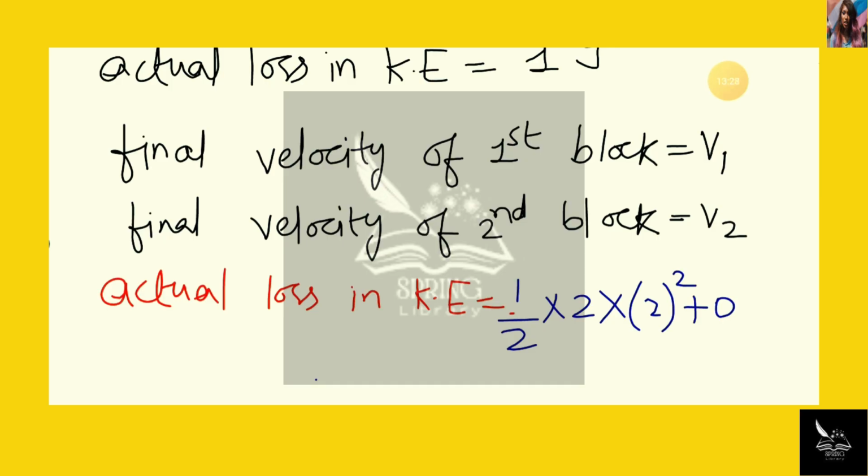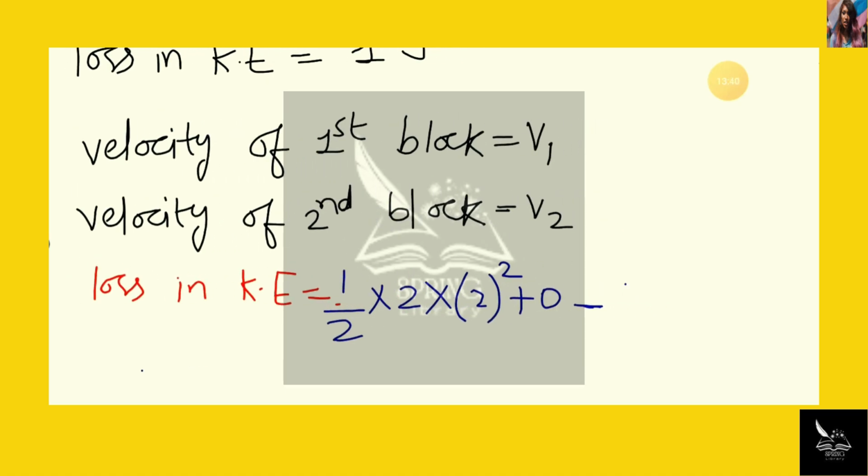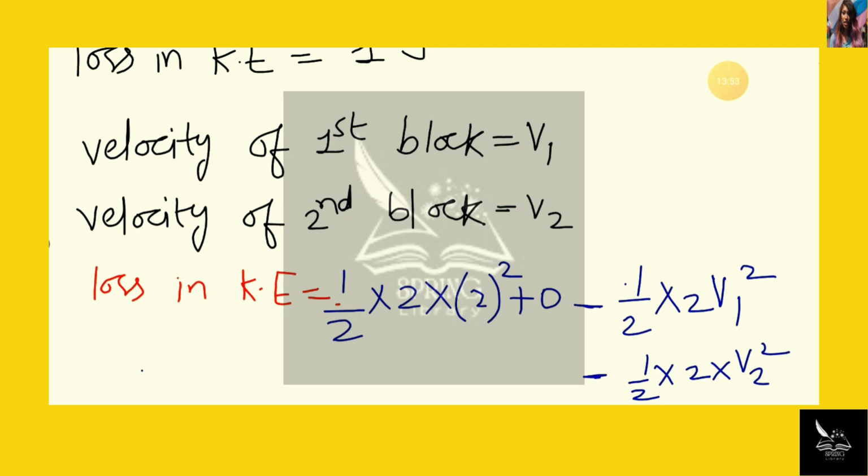So here I have written the total kinetic energy in the initial condition, and now I am writing the kinetic energy in the final condition, that means after collision. So it will be written as half times of 2 v1 square, that gives the kinetic energy after collision for the first block, and then minus half times 2 times v2 square, that gives the kinetic energy after collision for the second block.